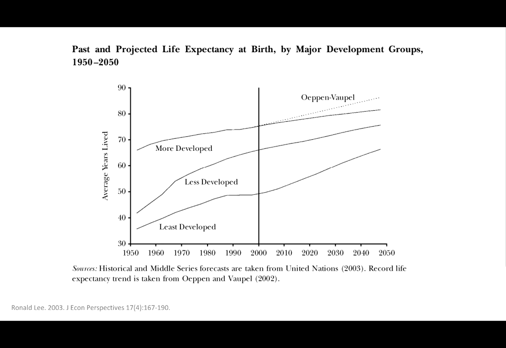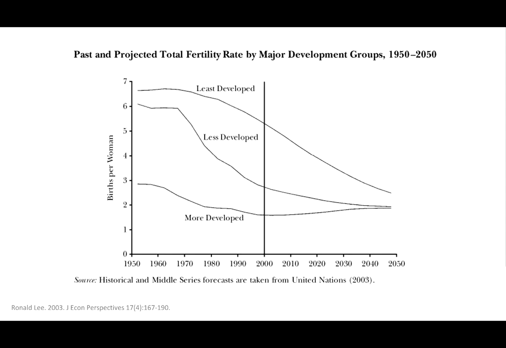Now, let's look at what happens to fertility rates. Here we have those same years, 1950 to 2050, with the year 2000 marked in the center with the vertical line. And again, least developed, less developed, and more developed, but it's kind of the opposite here. Again, the y-axis marks births per woman. So this is your total fertility rate.